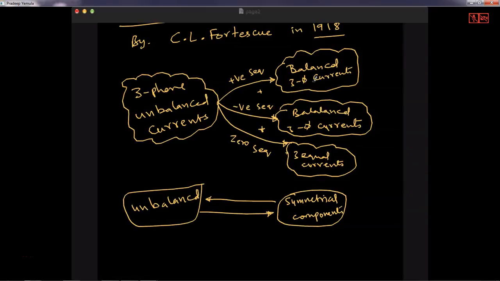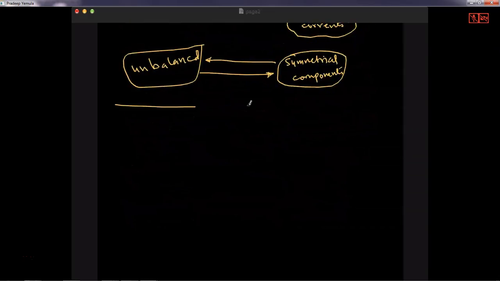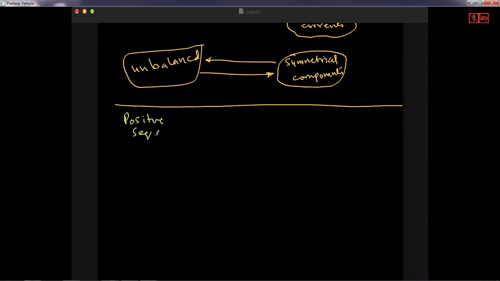What are positive sequence currents? See, every time I am writing currents, it does not mean that it's always only currents. You can also apply it for voltages. Then negative sequence currents, and finally, zero sequence currents.